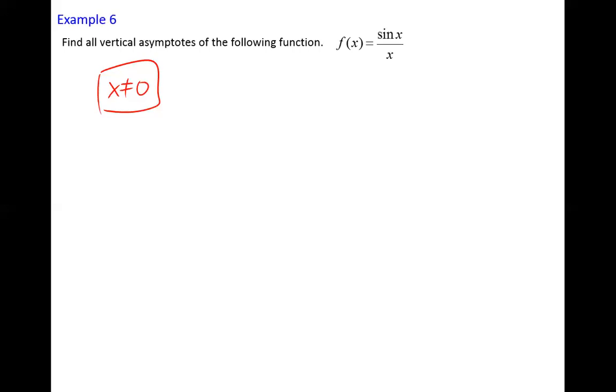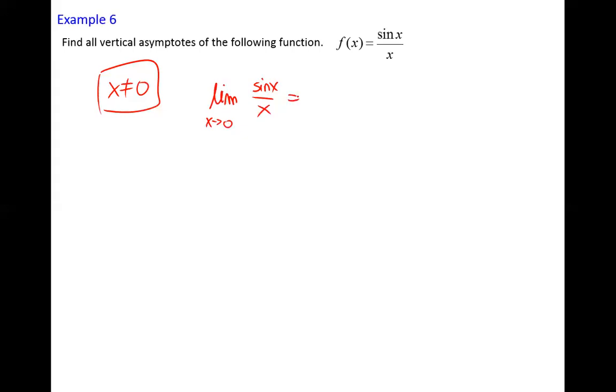But we still have to be really careful because this function is not a typical rational function. It is a ratio, but it's not really the ratio of two polynomials. That means even if that 0 is not in the domain, I will still compute the limit at 0 of this function, that means how this function behaves at 0.